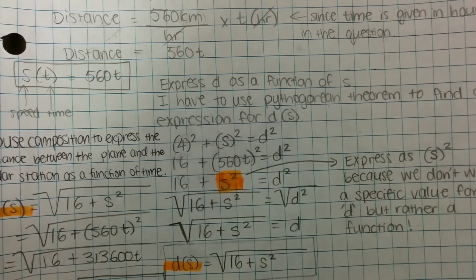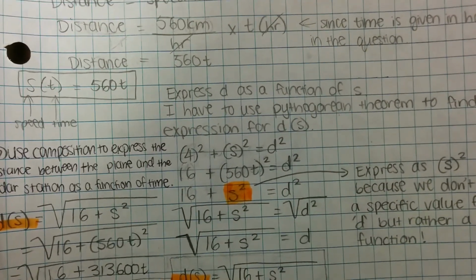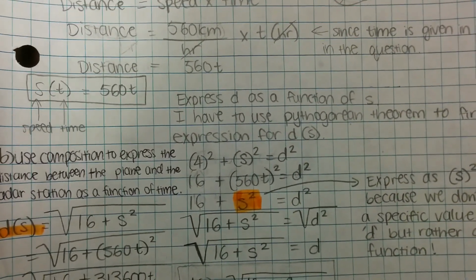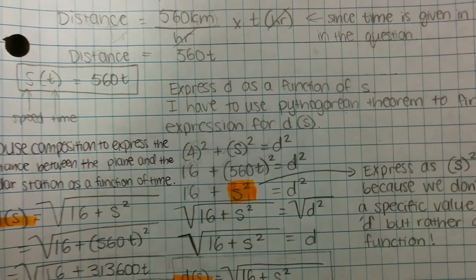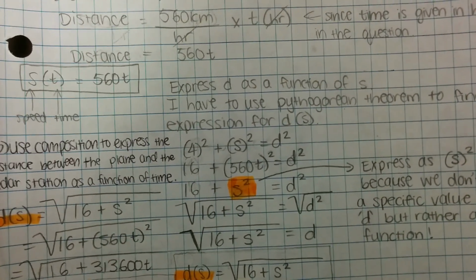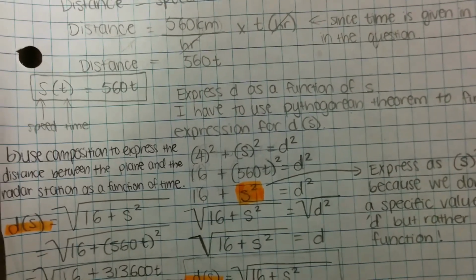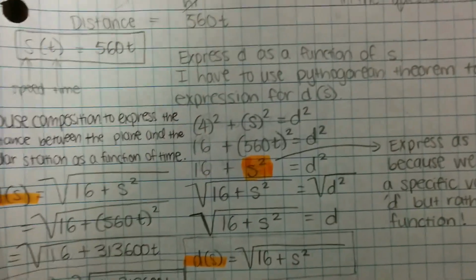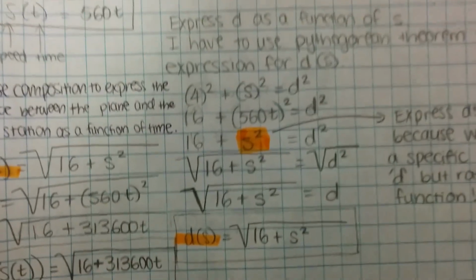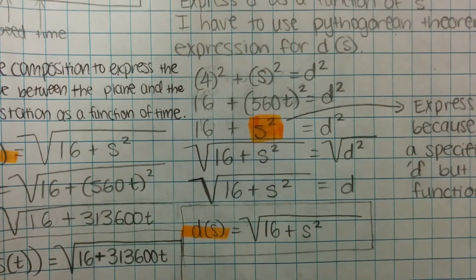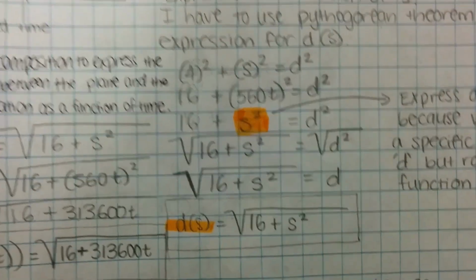We're just finding an expression, right? If we were finding the exact value of d, like a specific number, then we would substitute that. Anyways, when you simplify, I got the square root of 16 plus s squared is equal to d.